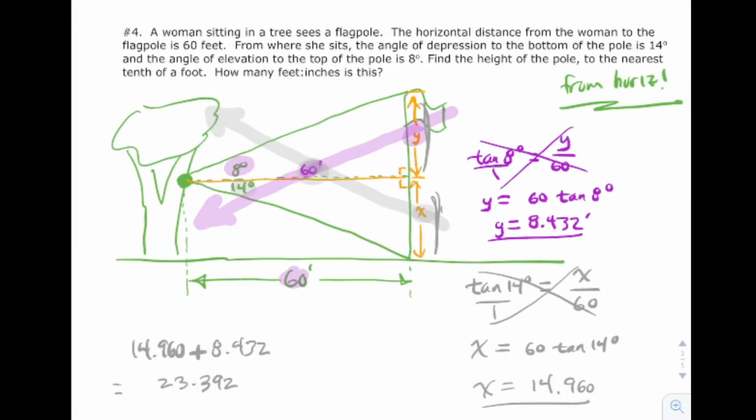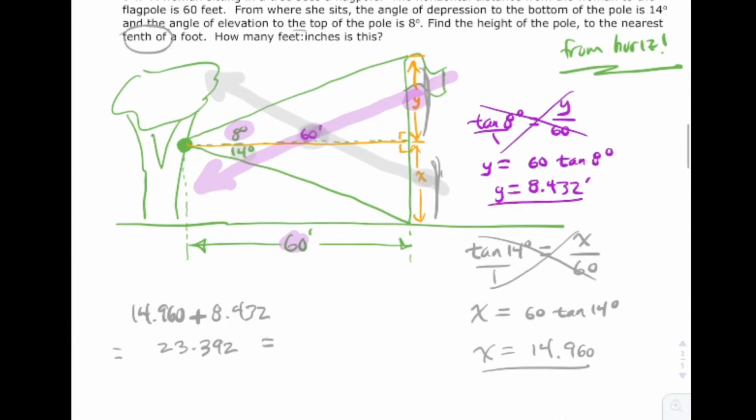Okay, now I'll round to the nearest tenth of a foot. The 9 makes me round up to a 4. 23.4 feet. That flagpole to the nearest tenth of a foot is 23.4 feet tall.